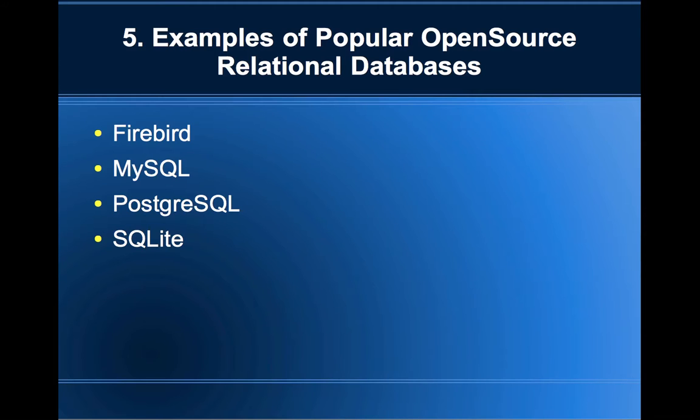Again, I've listed those in alphabetical order. And those databases you can just download and use. They are usually based on Apache licenses or open licenses. So generally speaking, you really don't have to pay any licenses. You can buy support, but you can download and use without having to worry about any licensing.